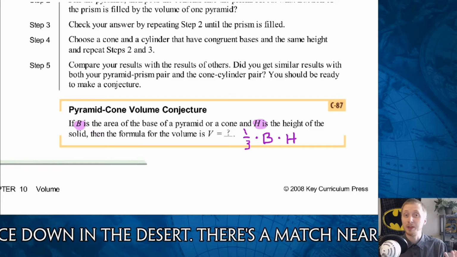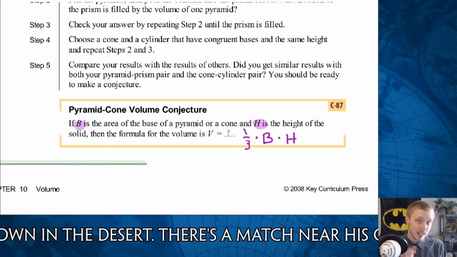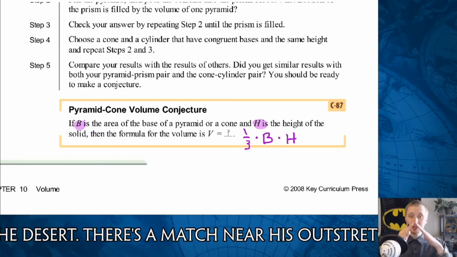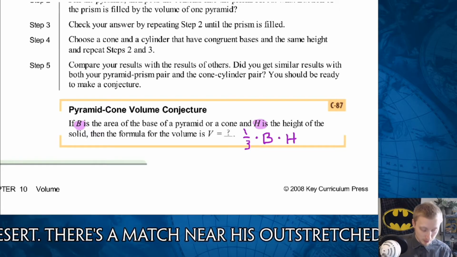Or divide the whole thing by 3. That is our new volume formula for pyramid or cone. Anytime it all comes down to one point up.